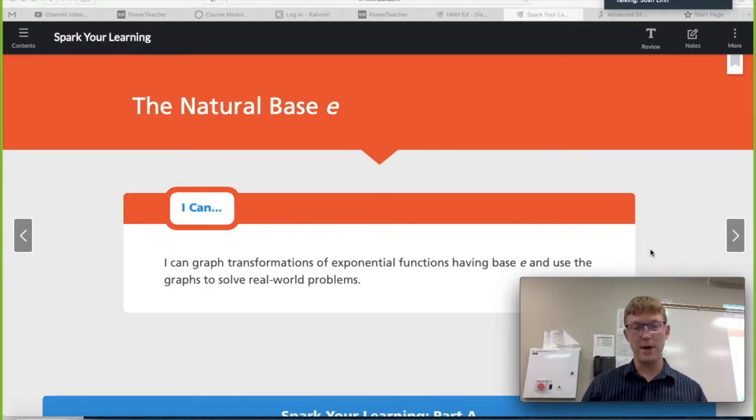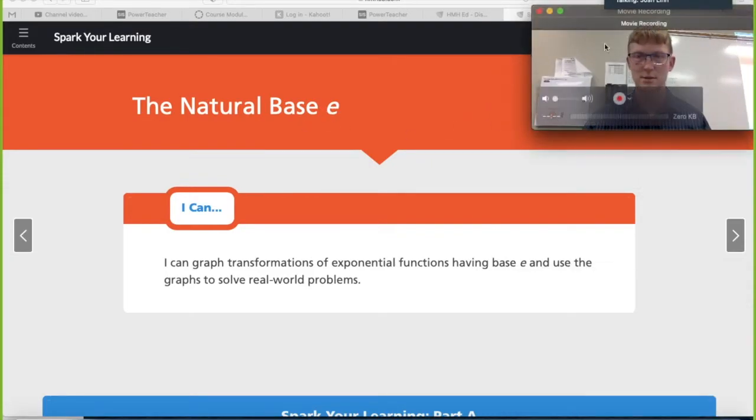And remember, our bases were anywhere between 0 and 1, or higher than 1. So our decay would be like 1/2 or 1/3, and our growth would be anything greater than 1. So there's also this thing called natural base e, and we're going to learn a little bit more about that.